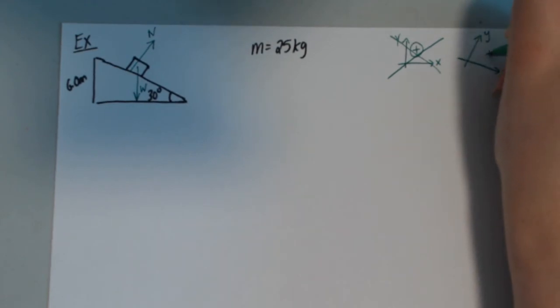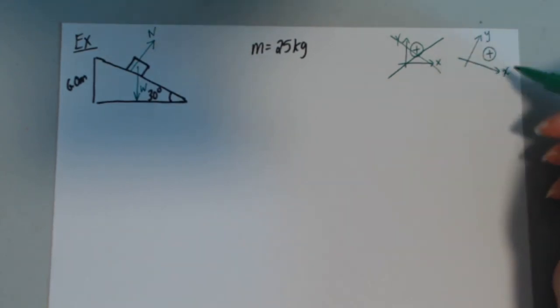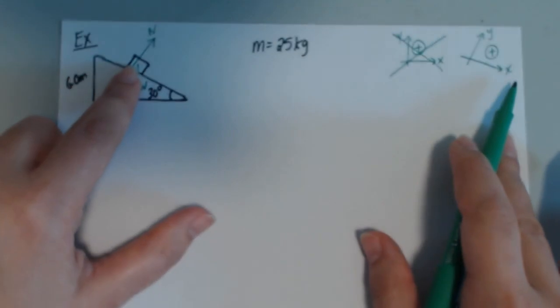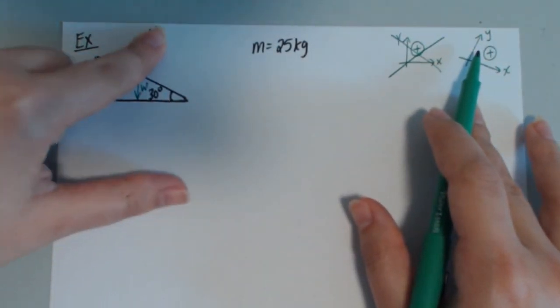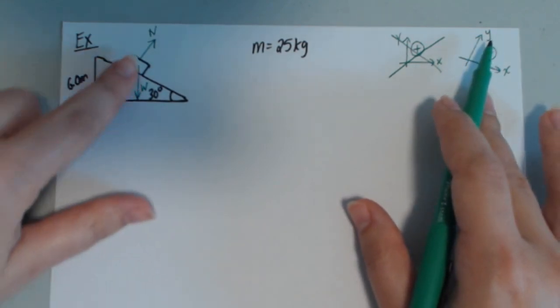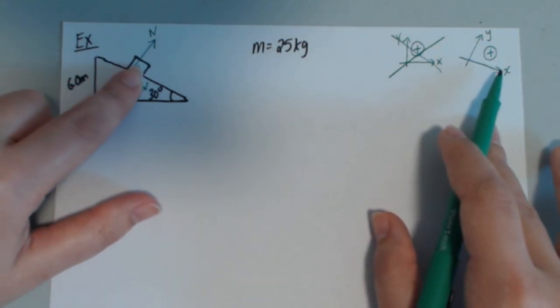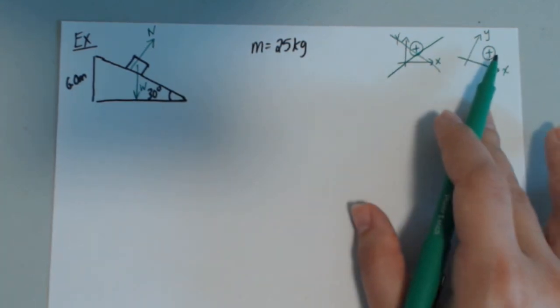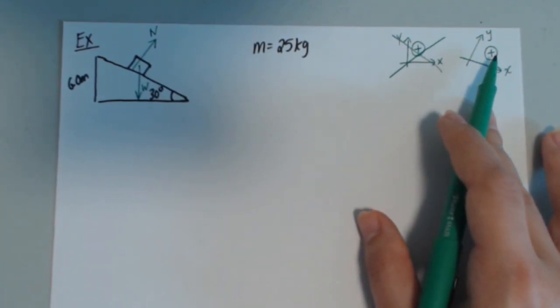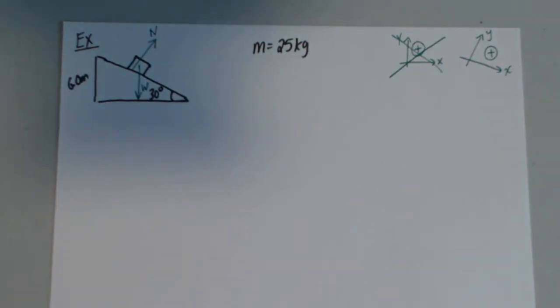So this is positive Y, positive X. What are these directions? Positive X is going down the ramp. Positive Y is up and perpendicular from the ramp. So positive Y is the direction of N, positive X is the direction that it's going. You always got to set up your coordinate system like this if you want to make it easier to solve this kind of problem.